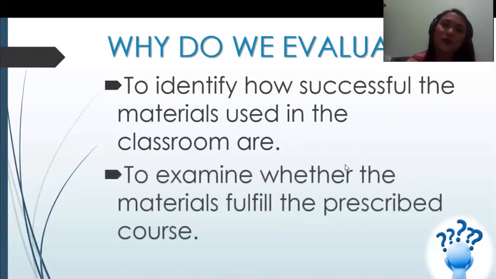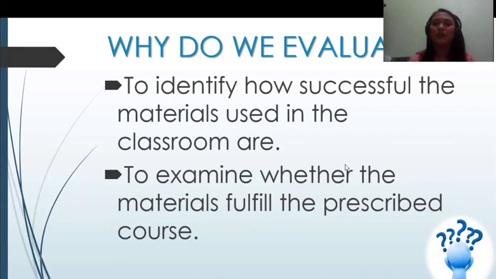Next is to examine whether the materials fulfill the prescribed course. Of course, we discussed the different stages of evaluation, right? Pre-use, while in use, and post-use. There are times when we just evaluate the materials and we think this is the best for us to use. And then while we are using it, we encounter problems.